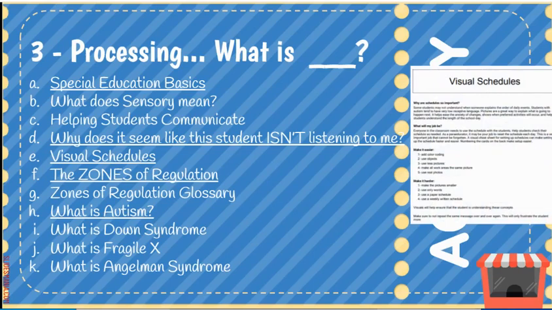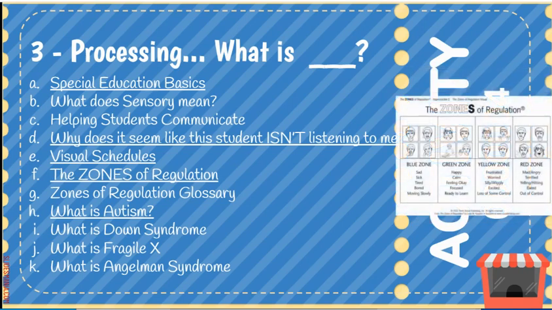I also have highlighted visual schedules so that you have a page in there to understand the importance of visual schedules, and the zones of regulation. This is so that we have the common vocabulary when we're working with students, teachers, and parents.